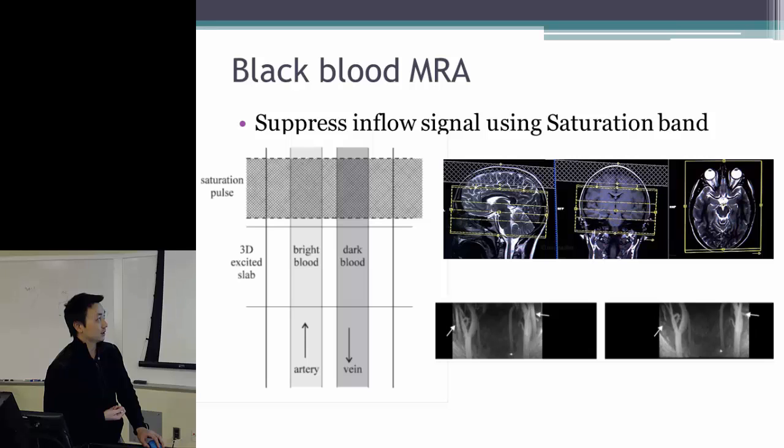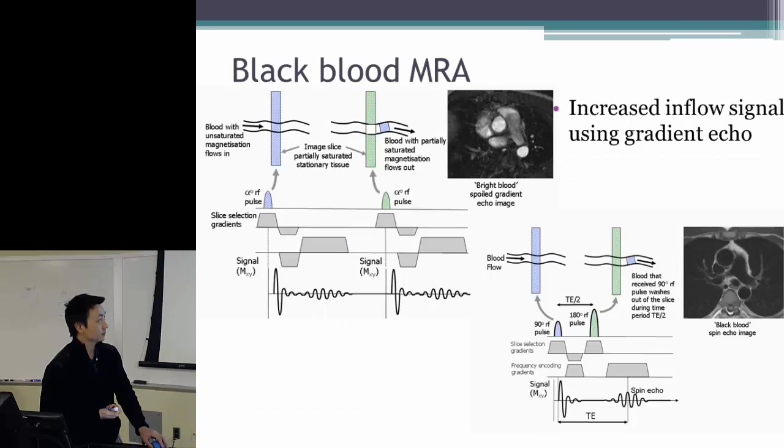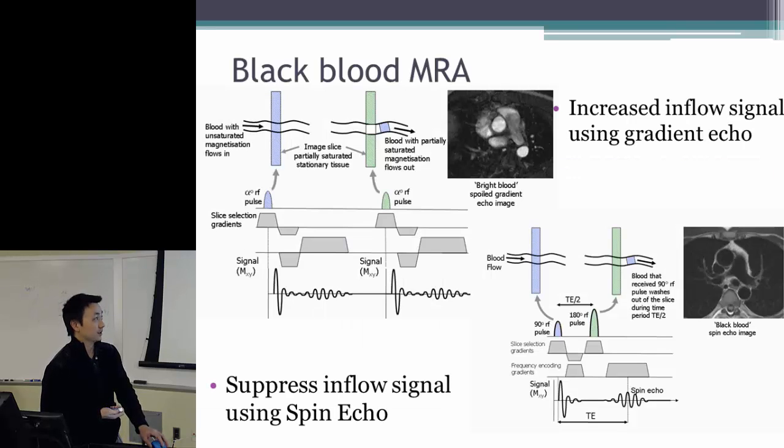So this is another type of selective black blood MRA. The one before is non-selective black blood. Okay, so here is another very interesting black blood MRA, just simply using our spin echo sequence.